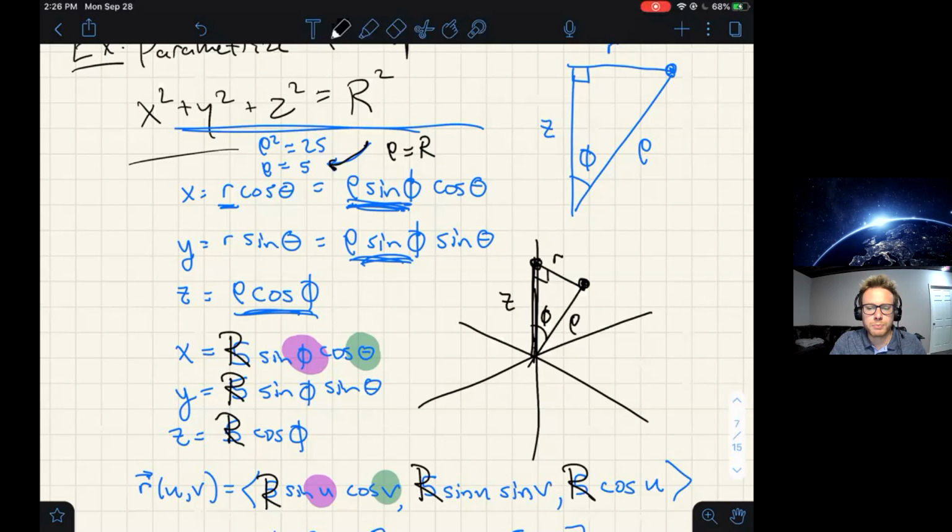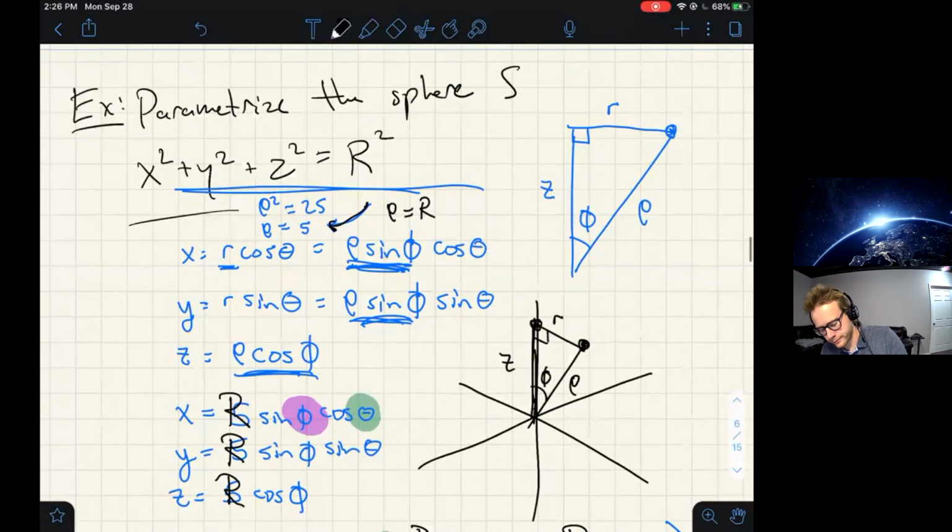What does rho represent? So rho represents the three-dimensional radius, right? Rho has the equation, let me just write down, rho is equal to the square root of x squared plus y squared plus z squared.